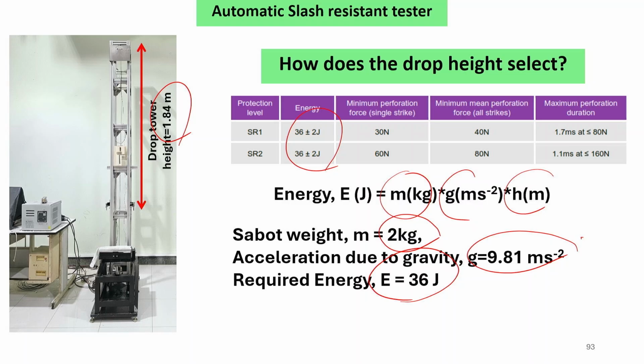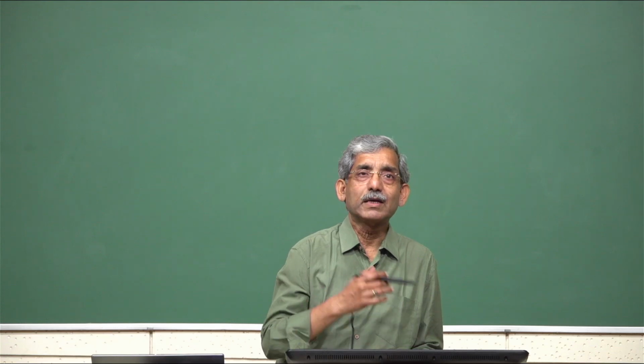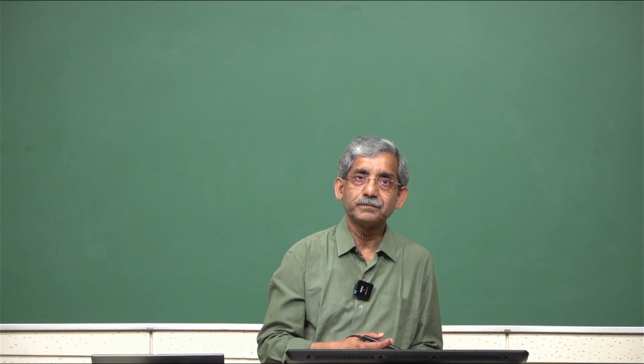To achieve 36, we have to manipulate the height. From there, if we calculate, we get a height of 1.84, so accordingly we have selected this height. If we change the weight, we can change the height also.